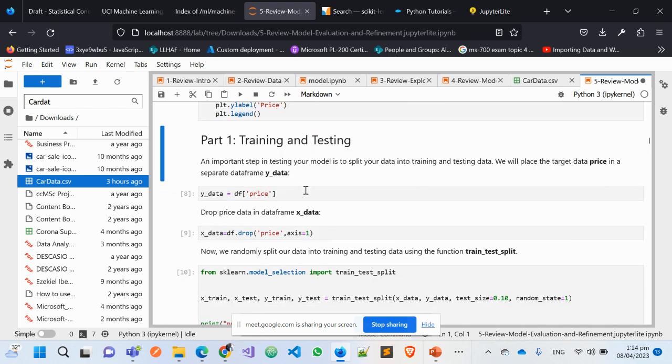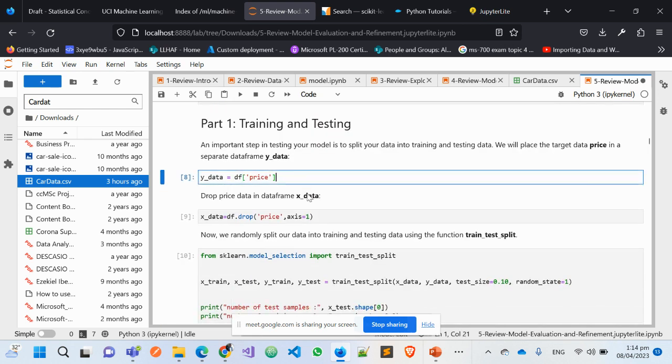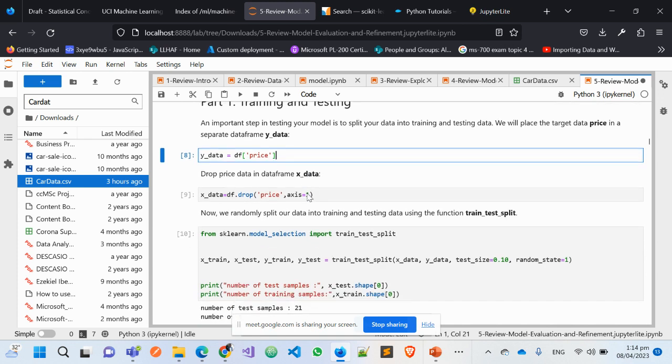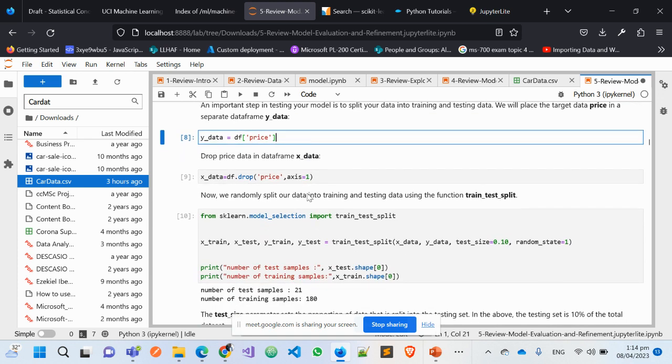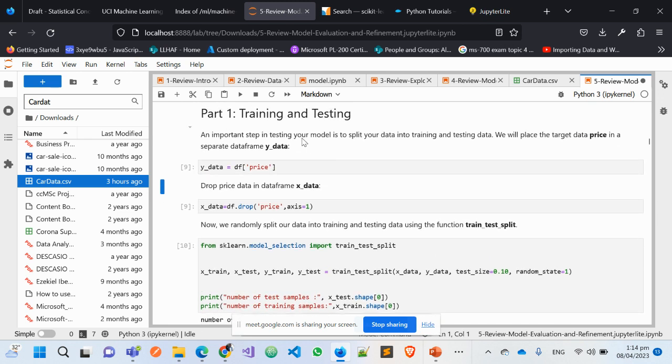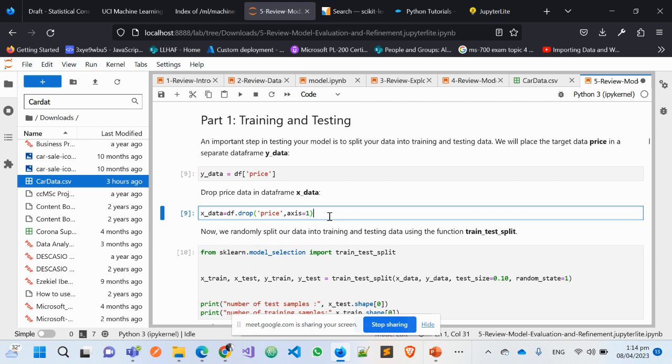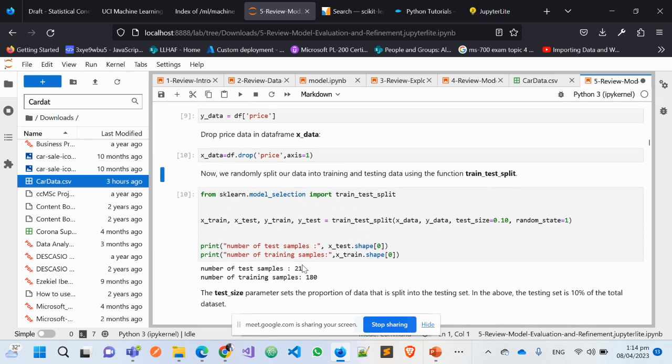So here we'll go on with part one of the lab, where we are training and testing our data. We already know our target variable to be price, and we've ensured that the price data has no missing values by dropping the missing values. Then looking at scikit-learn, remember model selection.